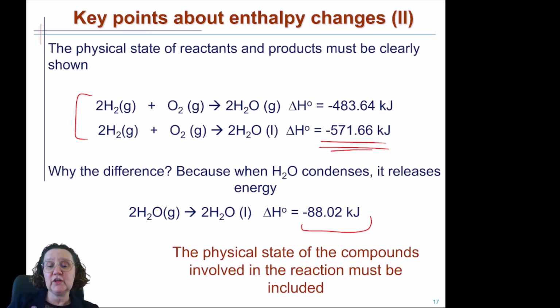So the physical state of the compound must be included in the thermochemical equation. So the reagents and the products are going to make the coefficients, the proportion of reagents to products, and how many moles of each you're going to form, and also the state, whether they are solid, liquid, gas form, aqueous solution.